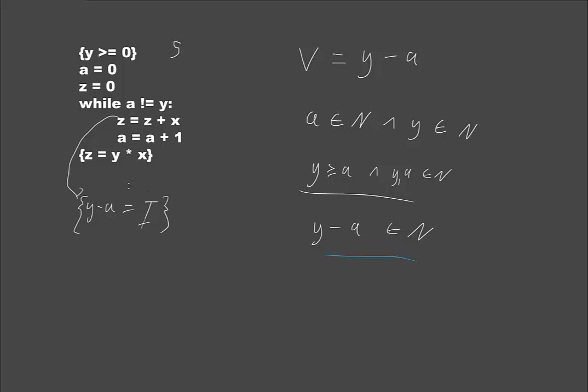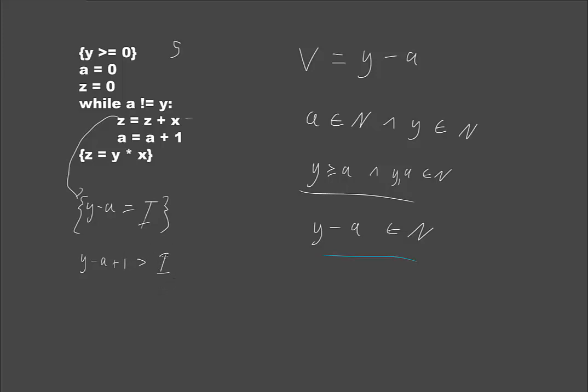But let's just use it anyway. So y minus a is equal to capital I, whatever it happens to be. Then z equals z plus x doesn't affect it. a equals a plus 1, which means y minus a plus 1 is no longer equal to I, but is in fact greater than I.